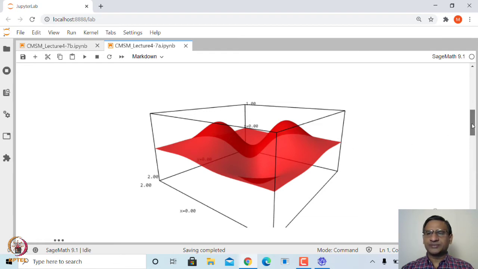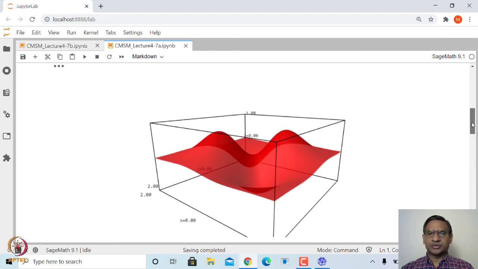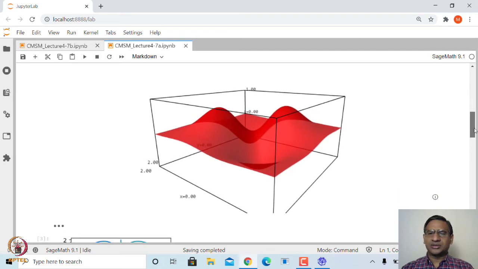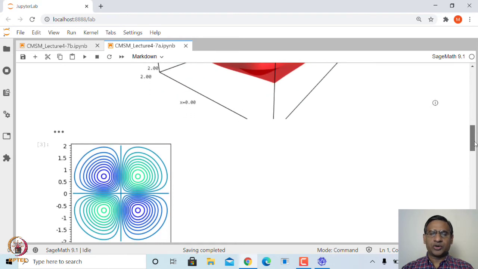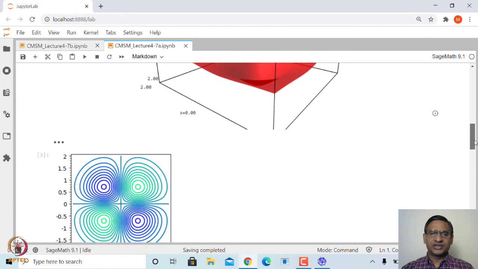Okay. So, these are some points, and in case you look at the contour plot of the same surface, this is how it looks.